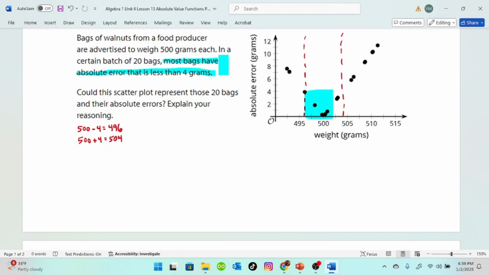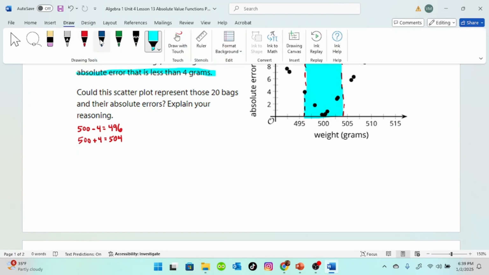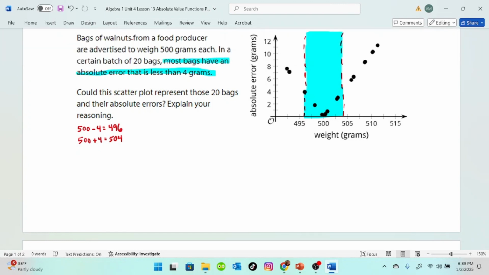So my answers would need to be inside this set of dotted lines. And if I compare them, it appears that there's probably more outside of this area than inside of this area.